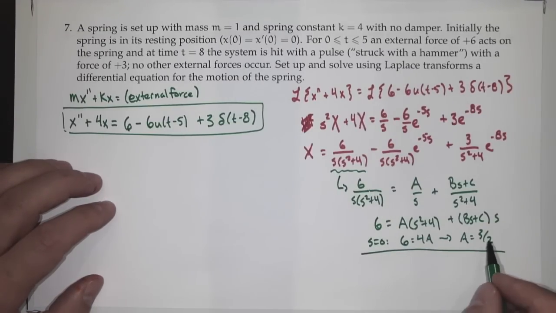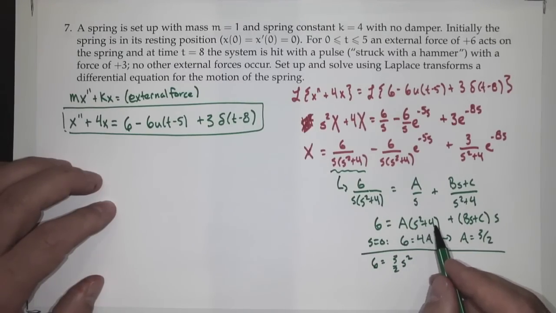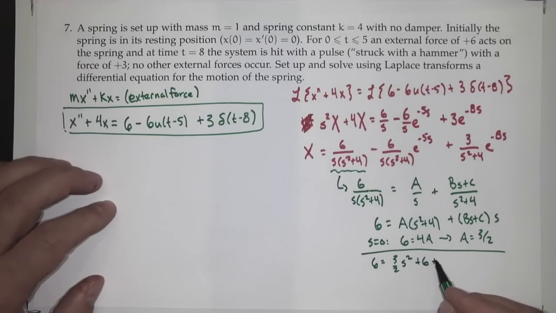So we know what a is. So we have that 6 is equal to 3/2 times s squared plus 4 times 3/2. Well, 4 times 3/2 is 6, plus b times s squared plus c times s. Of course, the 6's cancel.